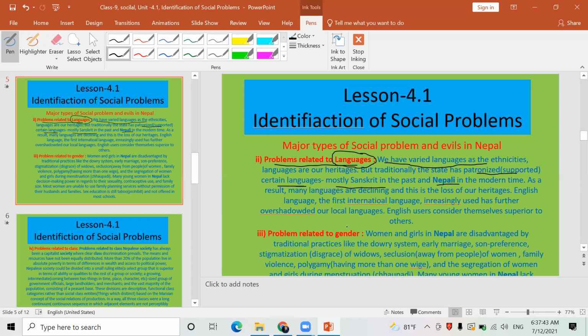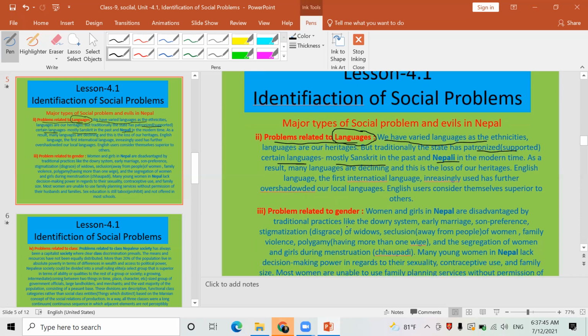Now look here, the next problem. Problem related to gender. Yes, problem related to gender. It means women's rights. I mean, women are backward in Nepal. Yes, women and girls in Nepal are disadvantaged by traditional practices like the dowry system, early marriage, son preference, stigmatization.